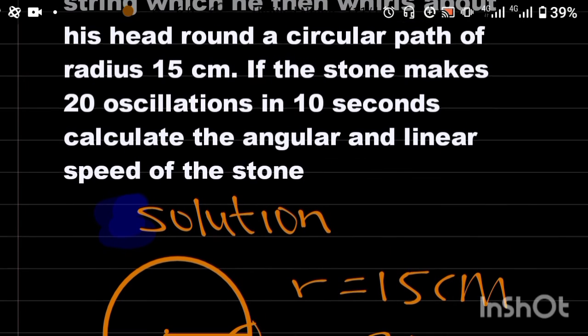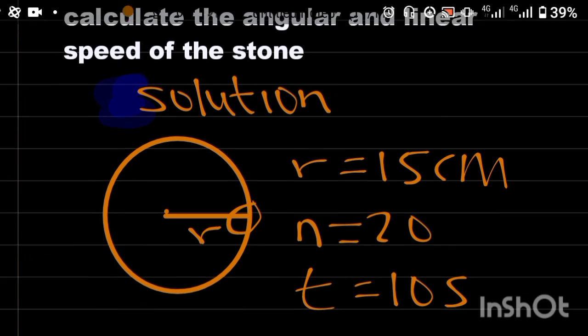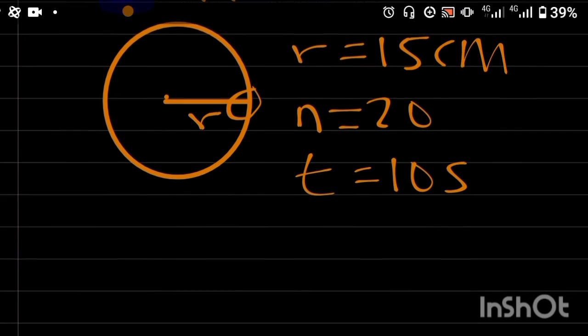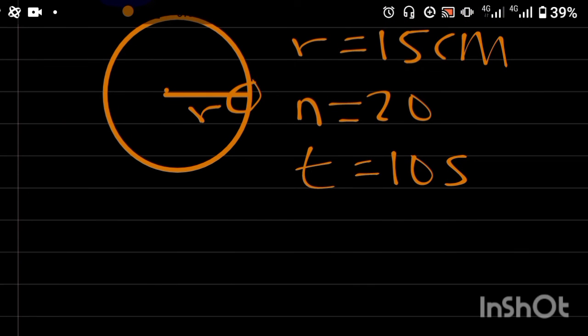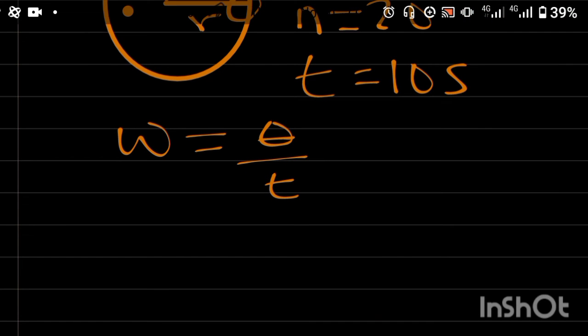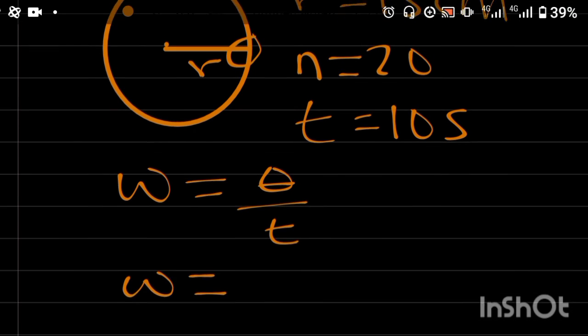So the question is what? Calculate the angular and the linear speed of the stone. What's the formula for calculating angular speed? Angular speed is omega. Omega is equal to theta over time taken. What is the total angle taken? 20 oscillations, 20 completed circles.